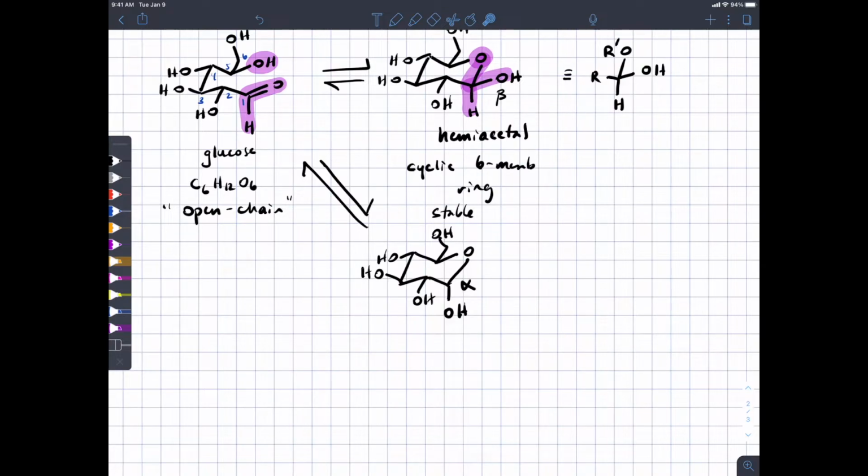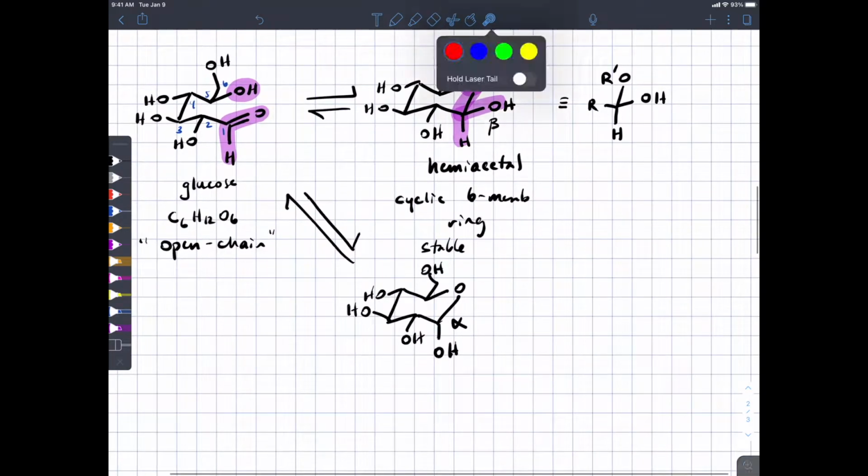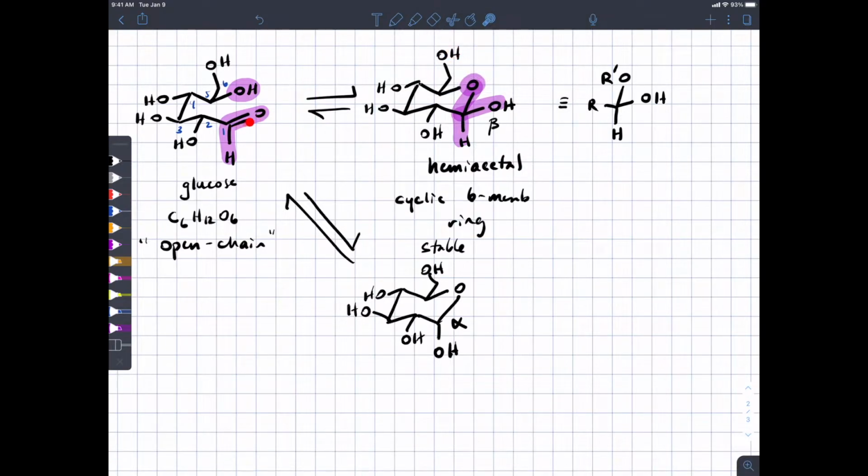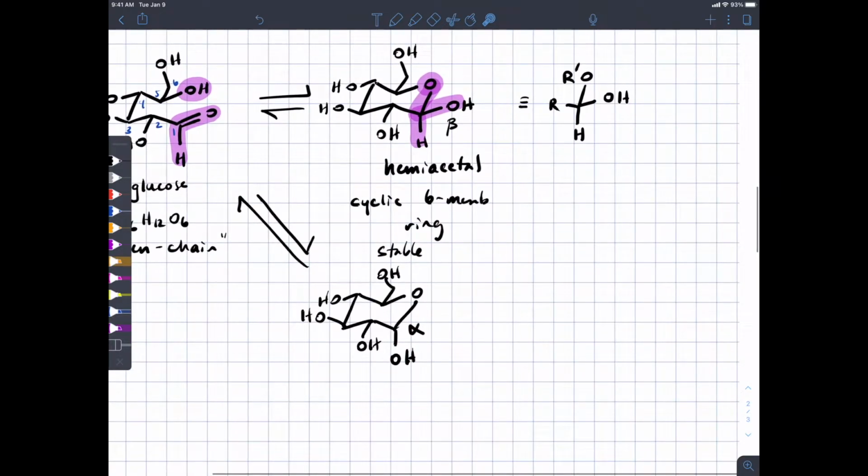Let's talk about glucose and acetals. Notice that we've only replaced one of the original carbon-oxygen bonds with an OH group here. We still have that OH there. And also notice that glucose has a ton of other OH groups. So now we're going to imagine what happens when we take a hydroxyl group from one glucose molecule and have it replace this OH group on another glucose molecule.